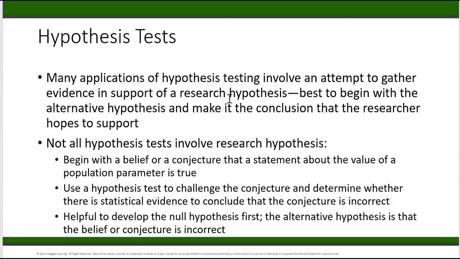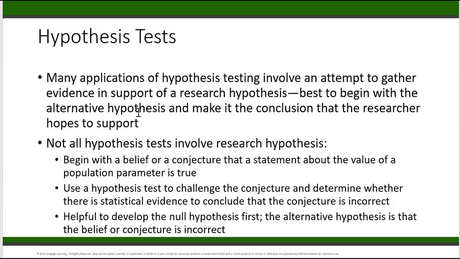So in this case, you just put it in the alternative hypothesis, and then the opposite statement would go to the null hypothesis, right? Or if you have something that you hope to support, if you have a claim, again, this should go to the alternative hypothesis.